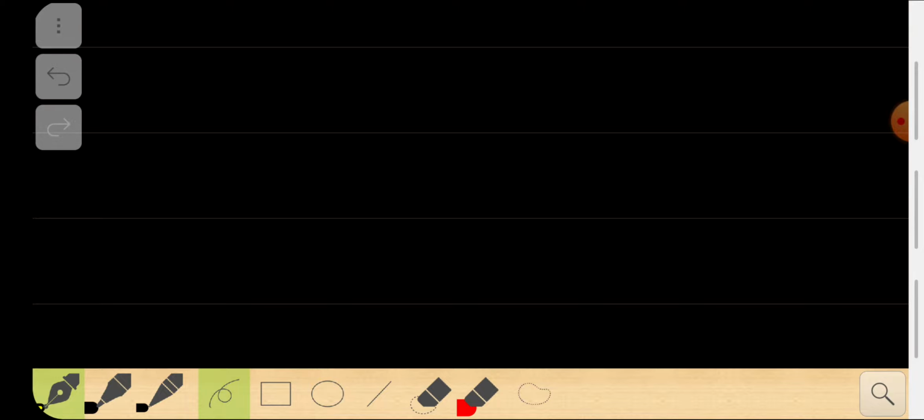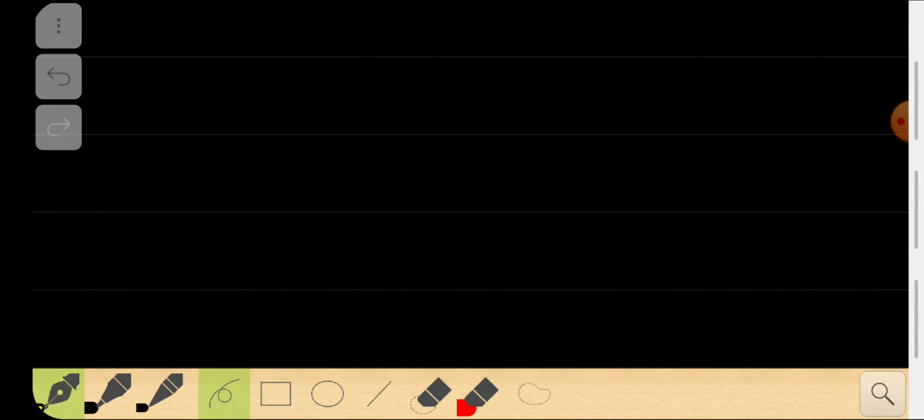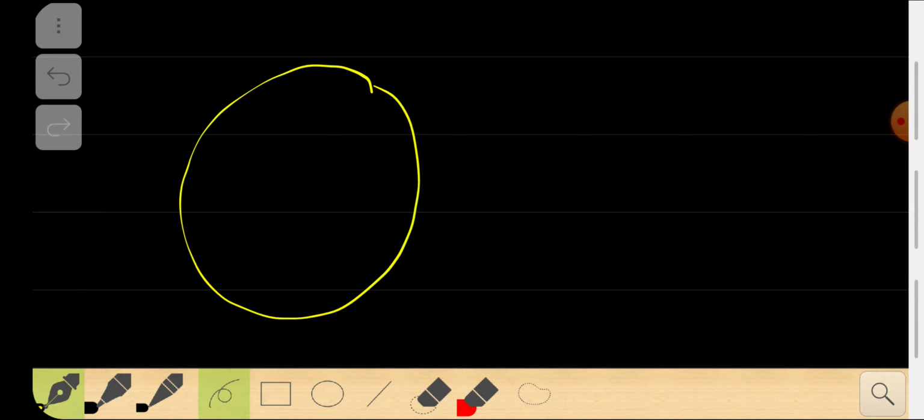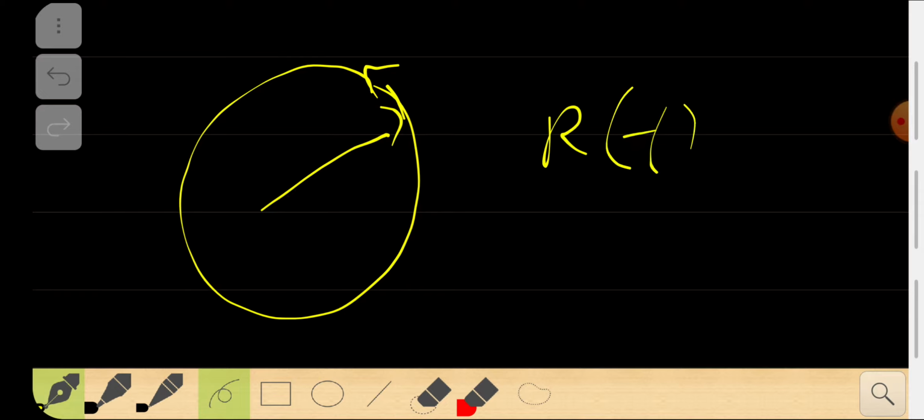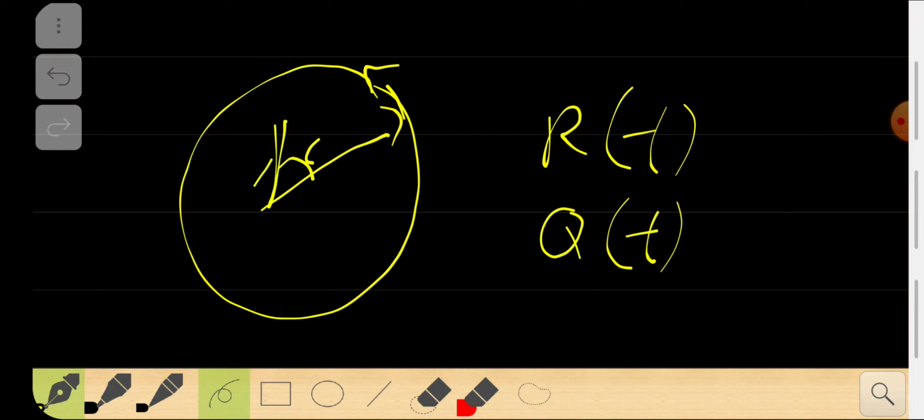So you can have a circular path, and the body can move around. It can have different radius if you want, meaning the radius is changing with time, and the theta, the angle, can also change with time.